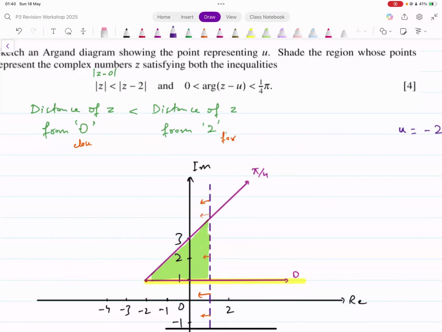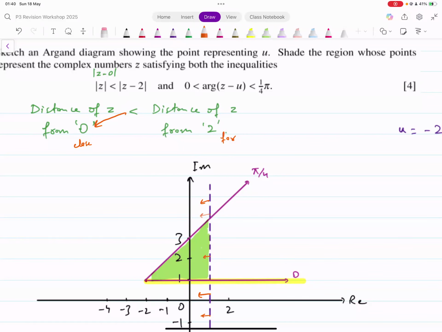You could also remember it like this: when you have an inequality, look at the point to which the inequality is pointing. So this is an inequality, right? It's a less than sign. The pointed side is towards 0. So the inequality is pointing towards 0.